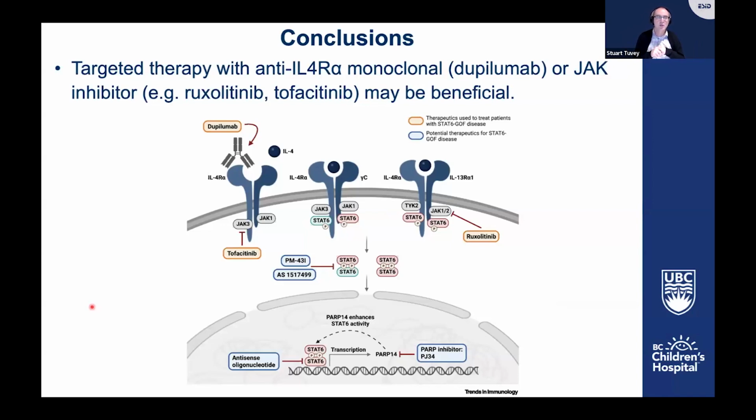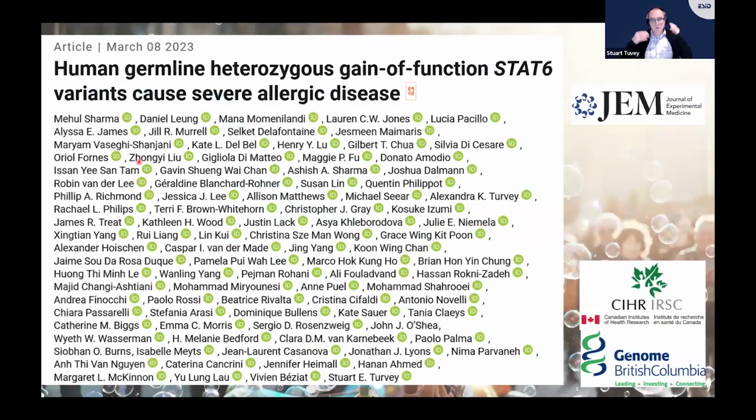We're showing benefit from dupilumab, but in other papers from other colleagues, we've also seen significant benefit from JAK inhibitors, whether ruxolitinib or tofacitinib. And with that, I'd just like to acknowledge the huge number of generous collaborators who are involved in us developing this story.